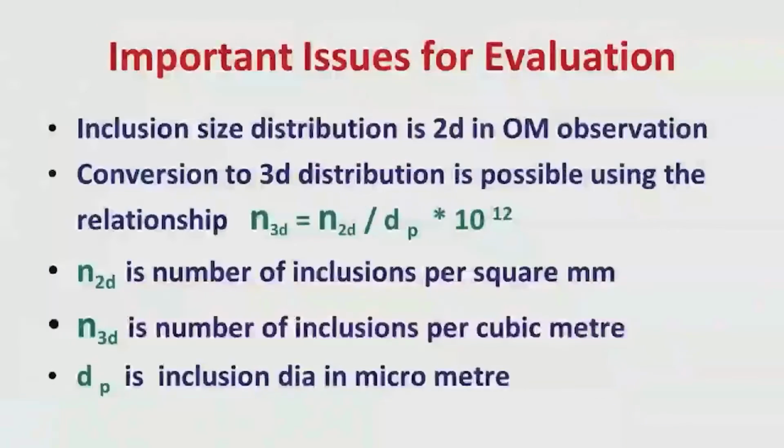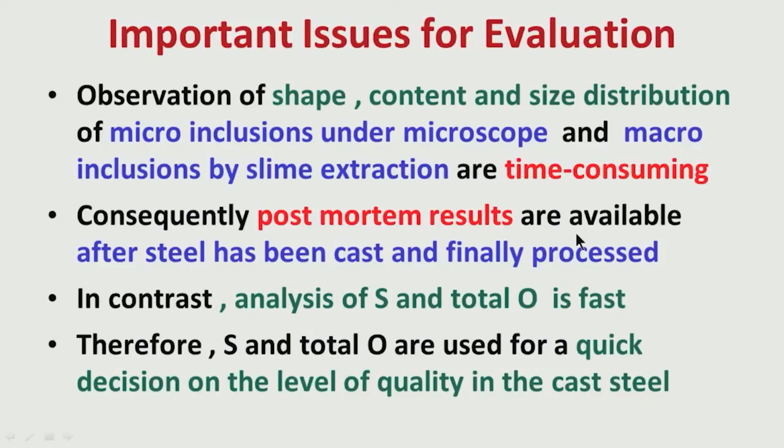Then I have talked about the 2D information on sample size, how it can be converted to 3D distribution by this simple relationship. Then I have talked about what are the important issues, like we are identifying shape, content, size distribution. These are all okay, but these are all time consuming.